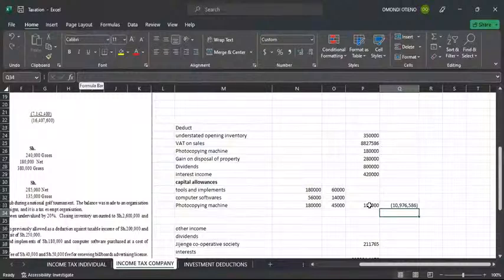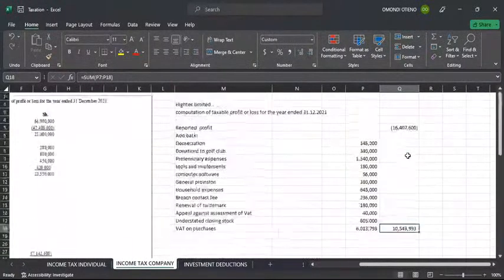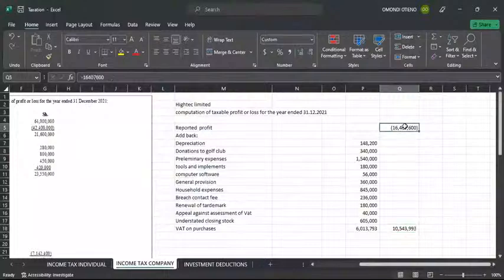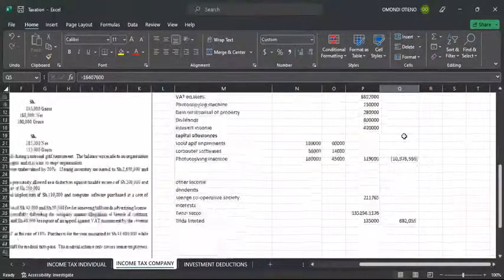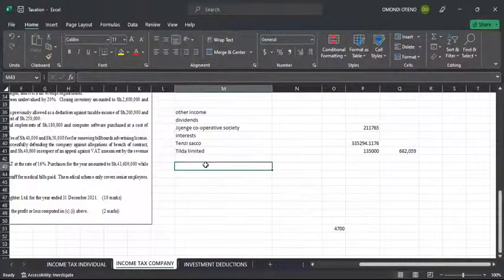That is what we are going to have there if we deduct. Then you come up here. This one here was what you are adding back. Then you adjust with the reported profit. So what are we going to have as the net value? So what you are going to have down here will be the taxable income.